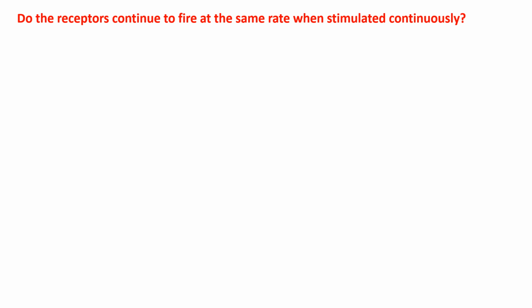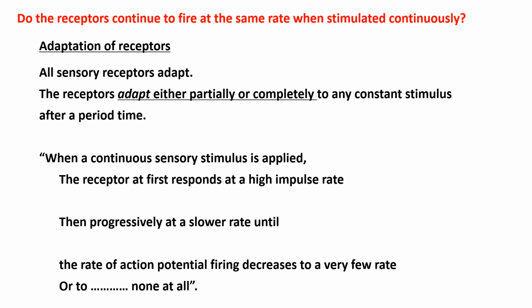Some receptors only fire for a short while and then they stop firing. Others will probably fire for a longer period, but the rate of firing becomes less. And some of them will continue to fire for a very, very long time. Those that actually stop firing, we call it adaptation. So we know that all sensory receptors adapt.